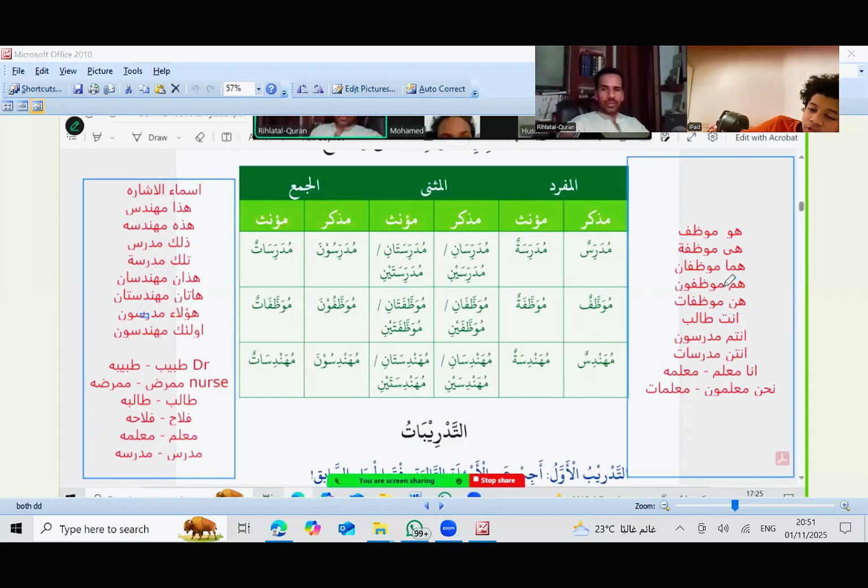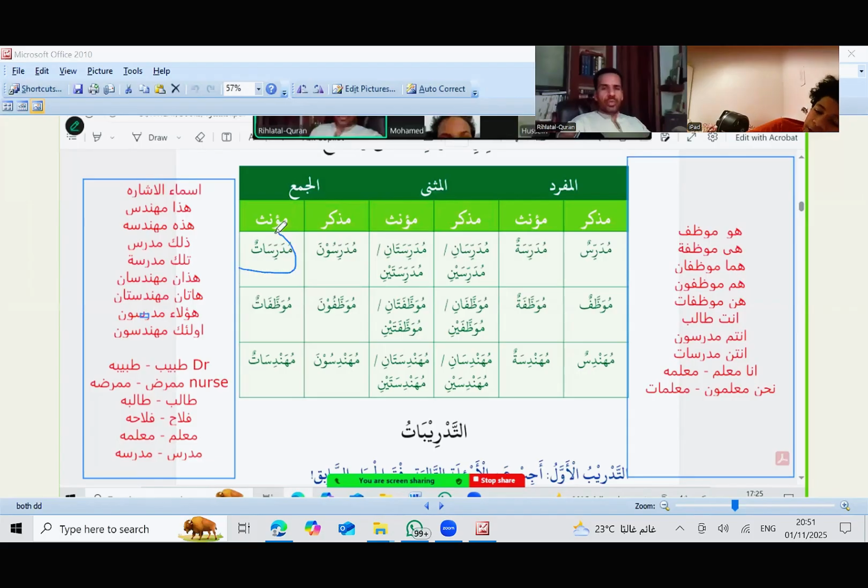Hum means they for boys, and hunna means they for girls. Excellent. So hum for plural masculine and hunna for plural feminine. So مدرسات, shall I say hum mudarrisat or hunna mudarrisat? Hunna mudarrisat.